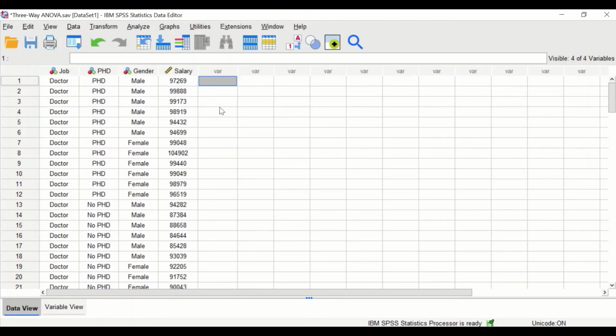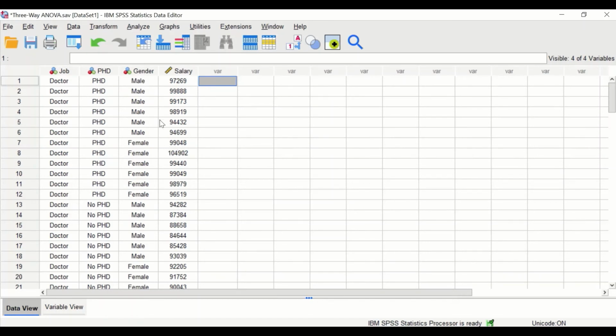A three-way ANOVA statistical test will be performed. The test will examine whether there is a difference among the levels for factor 1, and whether there is a difference among the levels within factor 2, and whether there is a difference in the levels among factor 3, which is the gender, based on the salary.